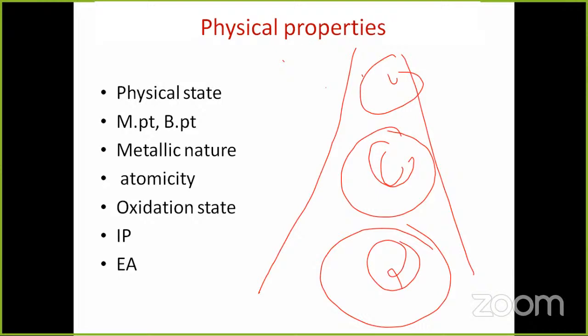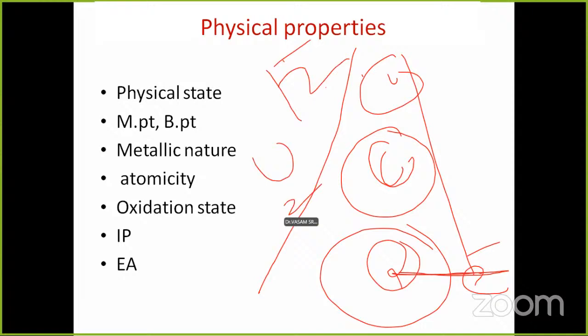So the distance between the outer shell electron and the nucleus is more in xenon. So the IP value decreases. Due to low IP value, only in this group xenon interacts with highly electronegative elements like fluorine and oxygen.